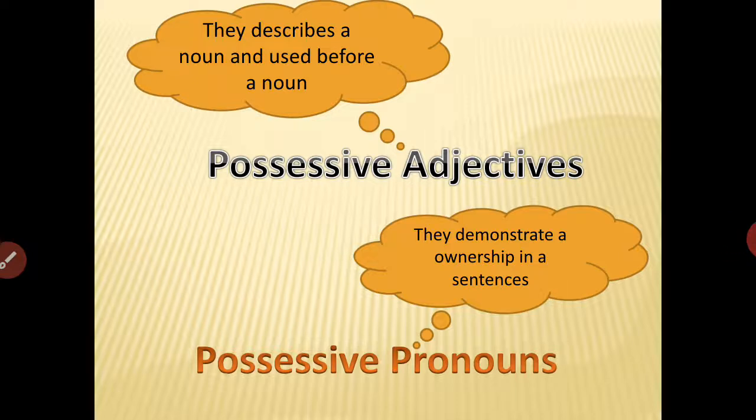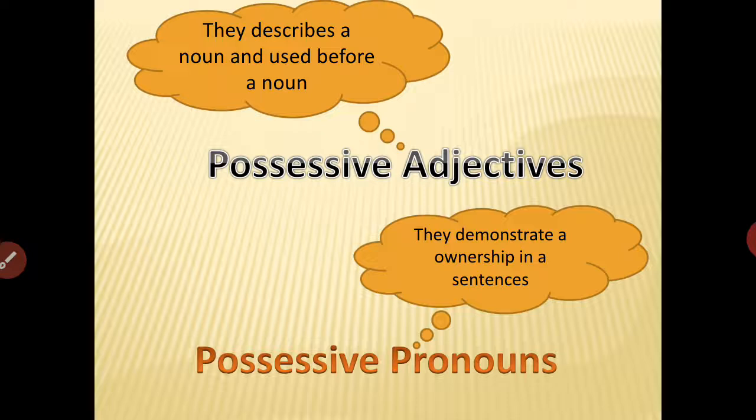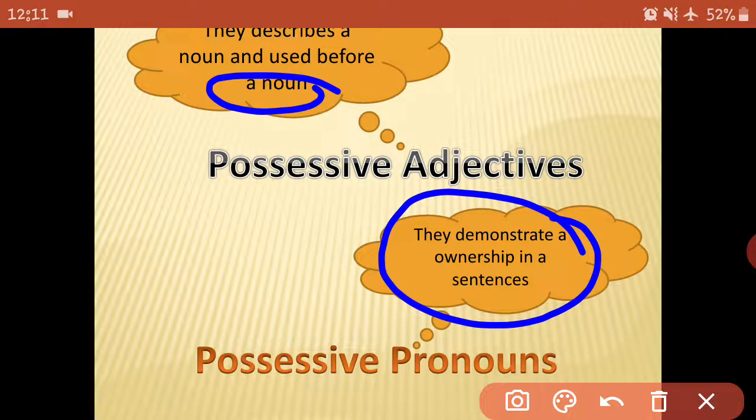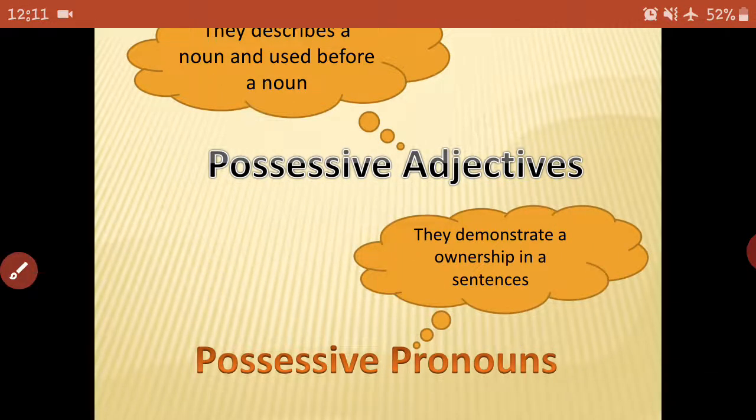The quality of a possessive adjective is what? A noun is always before that word. Possessive pronouns demonstrate ownership, words like my, mine, etc.